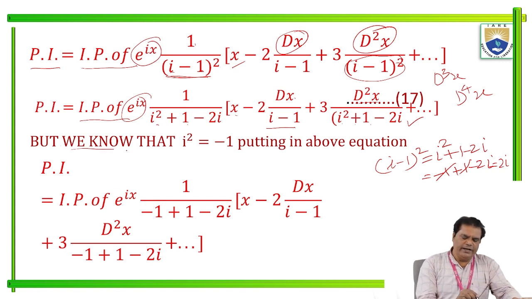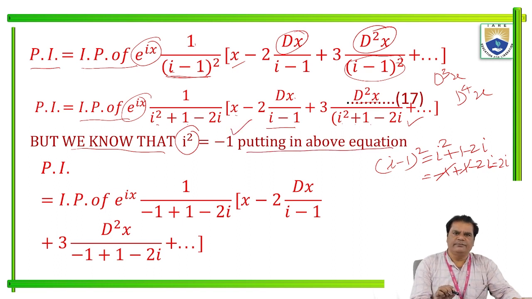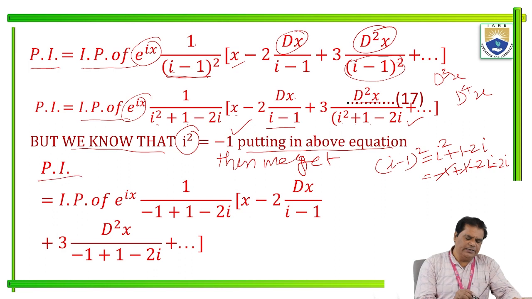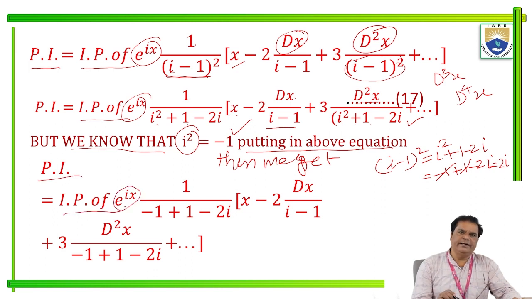So now we know that here i square is minus 1, putting in the above equation. Then we get P.I. is equal to I.P. of e to the power ix, now here 1 upon, this i square, i square is minus 1 here. So in place of i square putting minus 1 in our problem.